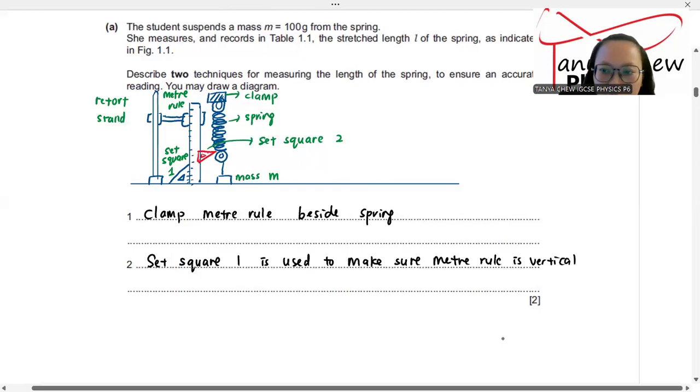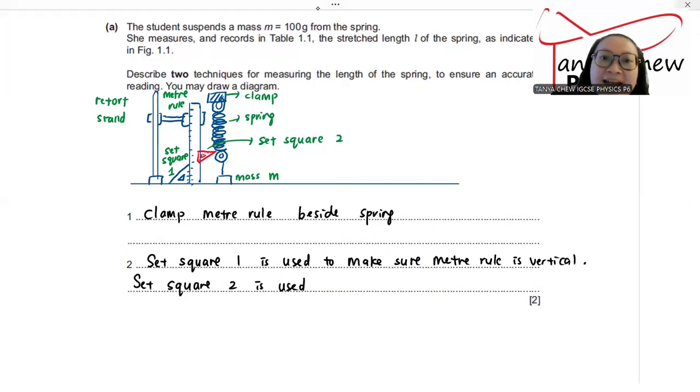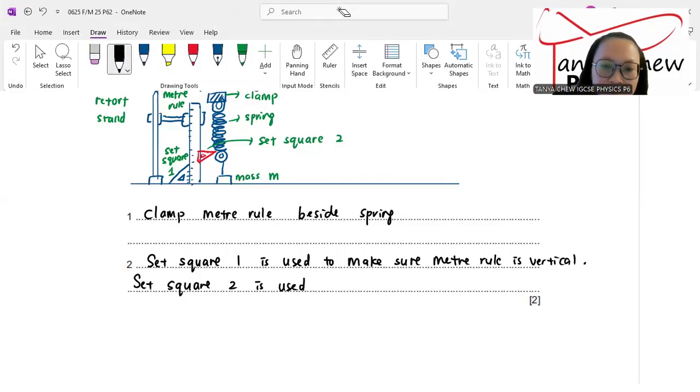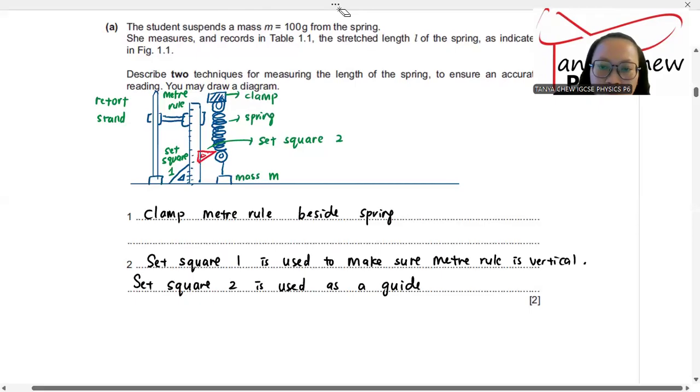Set square 2 is used as a guide to read the metre rule.